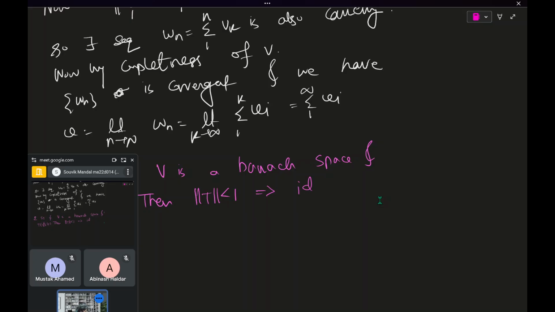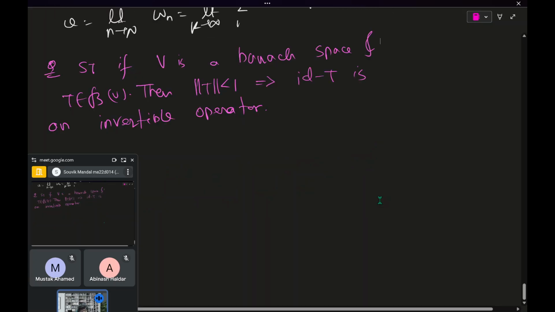Invertible means there is an operator whose composition with identity minus T is the identity.